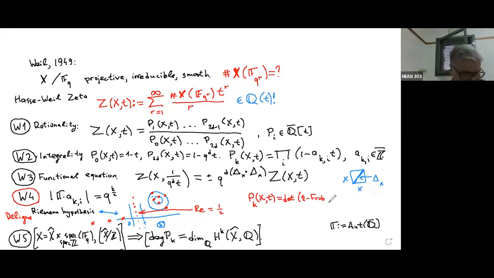Well, let me write it down explicitly. So this Frobenius, let's put a star here. It acts on the unknown, not yet defined cohomologies of what?